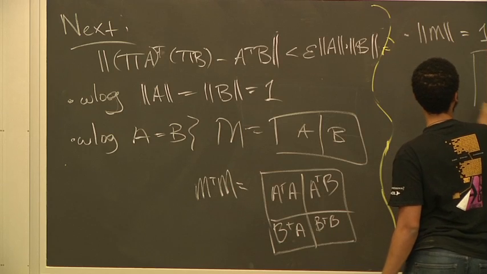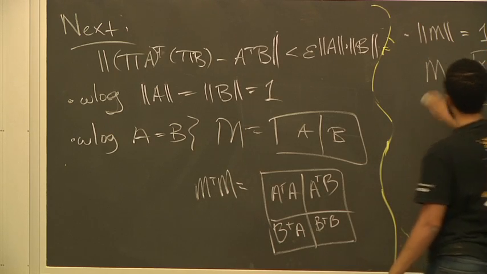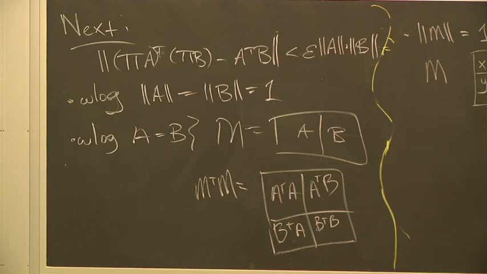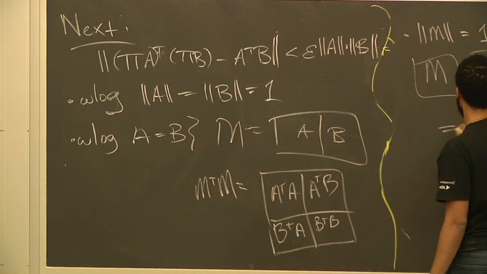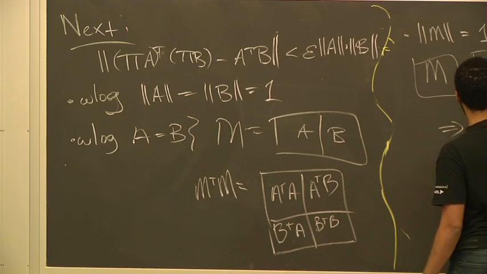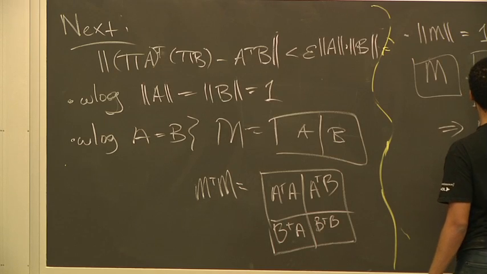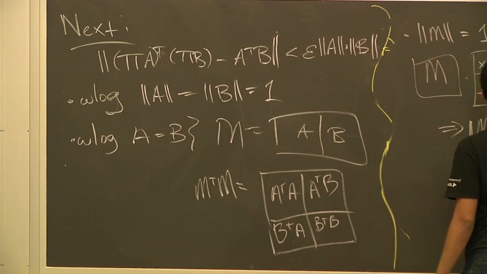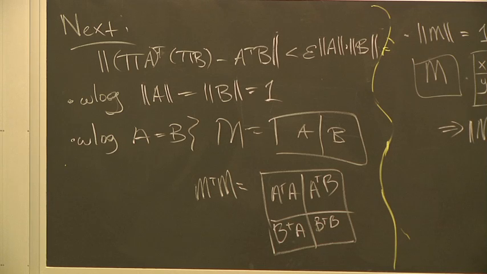times a vector, and let's break the vector up into two pieces, x and y, this is equal to Ax followed by Bx, or By, which implies that the L2 norm of M applied to (x, y) squared is equal to the L2 norm of Ax squared plus the L2 norm of By squared.